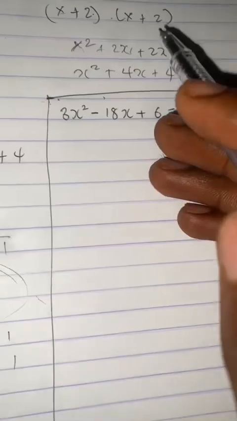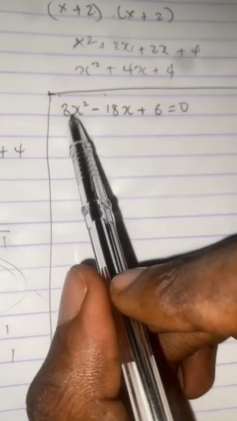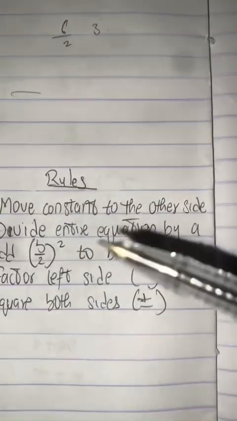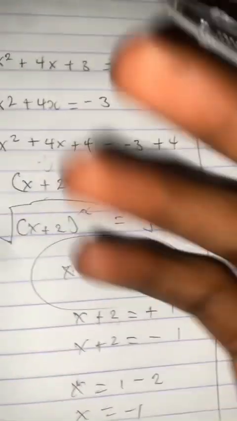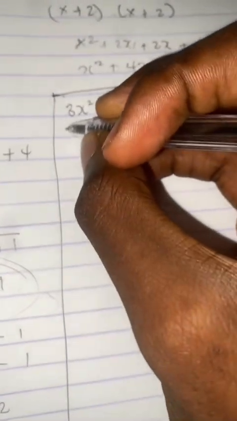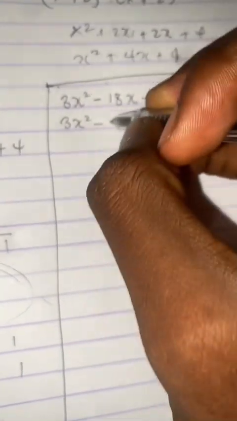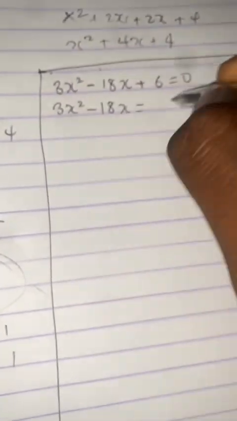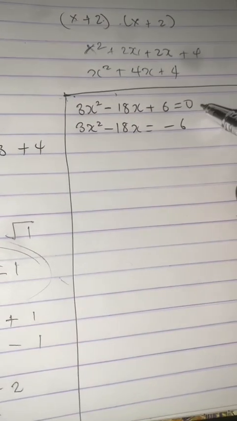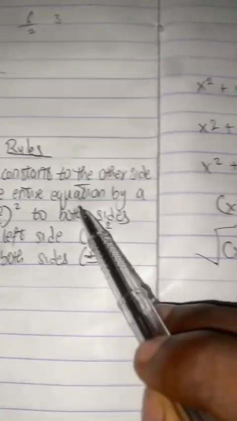In this next part, we're going to be looking at how to solve this quadratic equation using this rule. It's as easy as that. Let's start. The first one says move the constant to the other side. Basic math, 3x squared minus 18x equals negative 6, the constant moved to the other side. The next step is divide the entire equation by a.